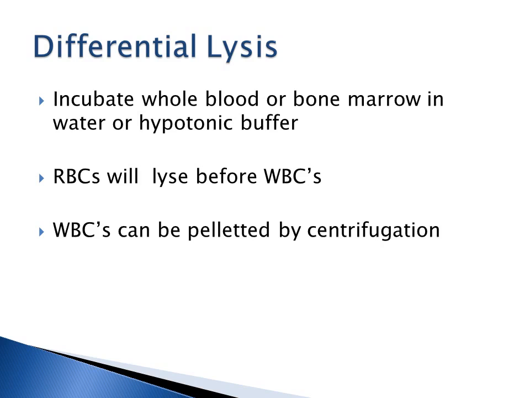So you can lyse your red blood cells and then centrifuge, and your white blood cells will not be lysed, and they'll be in the pellet. You can pull off the lysed red blood cells and other debris, and you'll be left with your white blood cells in the pellet at the bottom of the tube, and then you can perform extraction techniques on your white blood cells.